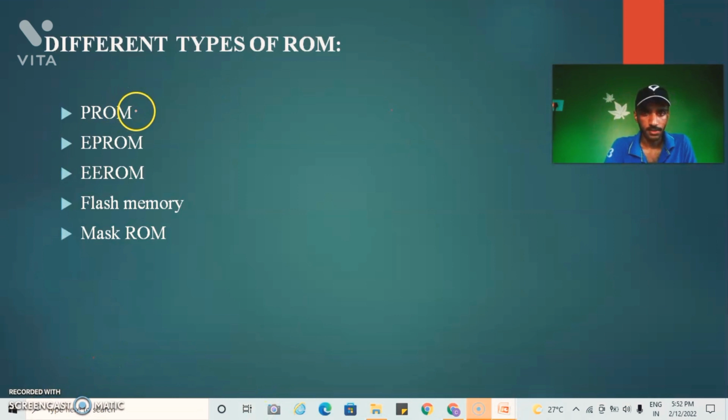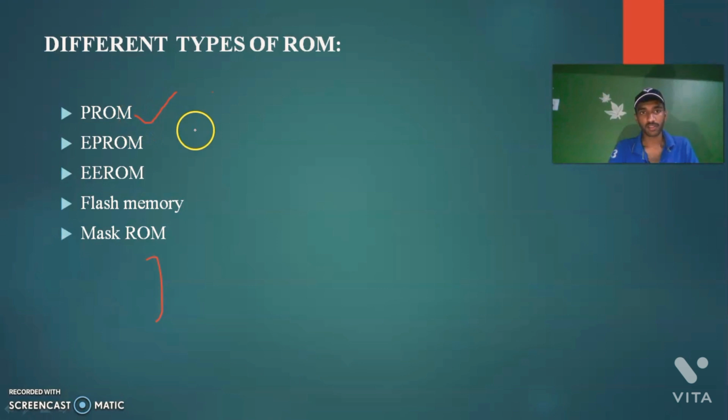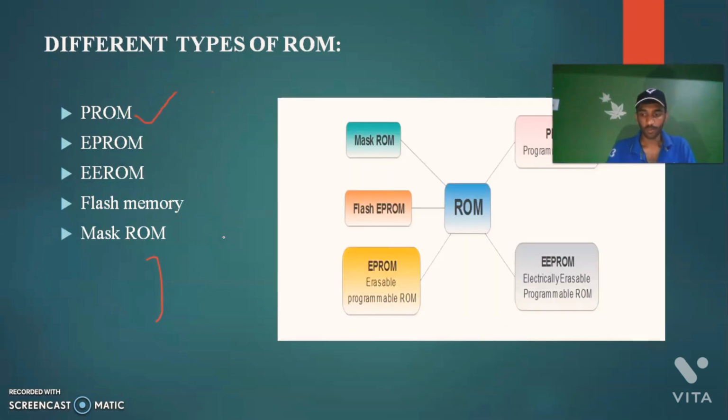Next, PROM. Different types of ROM can be designed. The main purpose of designing different types of ROM is that we can rewrite the data present in the ROM. As of now, several types are discovered: PROM, EPROM, EEPROM, flash memory and mask ROM.